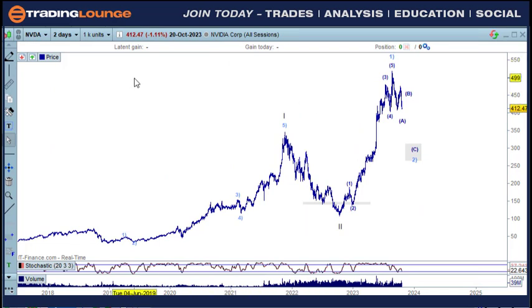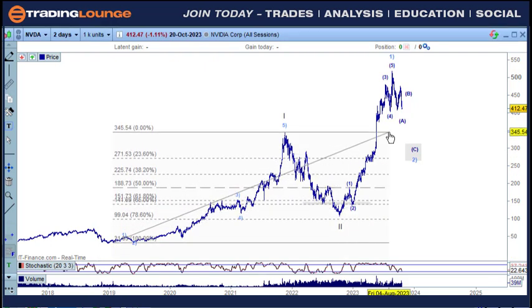So with NVIDIA here, this is a 2-day chart. I just don't get a bearish count for NVIDIA. I just can't do that, because you might be able to say, well, this could be wave 3 and 4 and going up for wave 5 here. But the problem with that is that it's pulled back from these lows roughly, deep into 60 odd percent here, 60 plus.